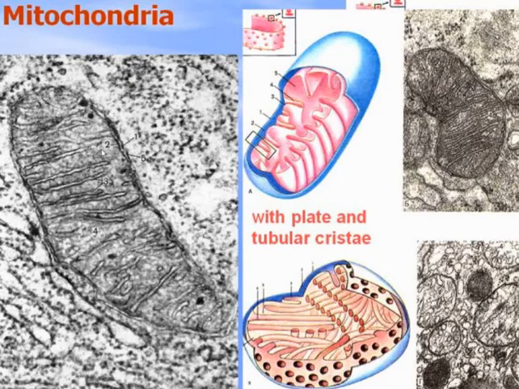Usually mitochondria have plate cristae, but in some cells the cristae are tubular and, under the electron microscope, visible like vesicles inside mitochondria.